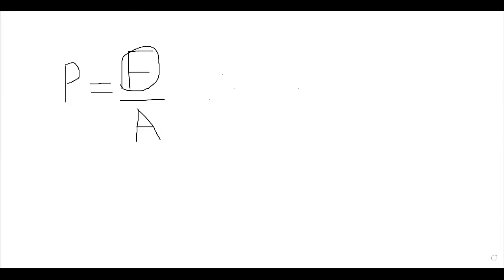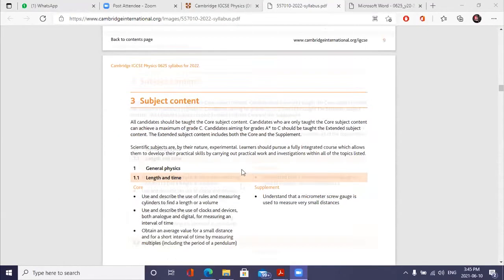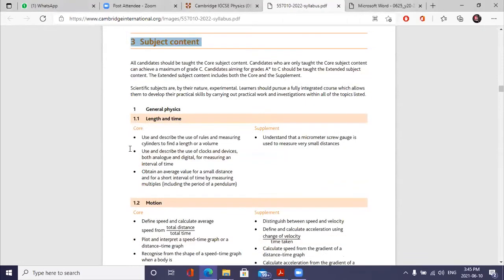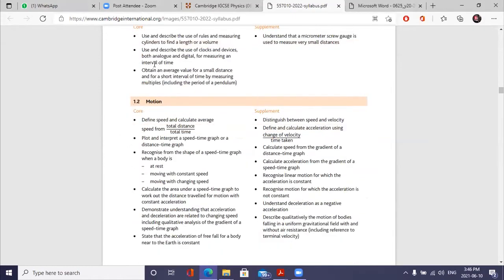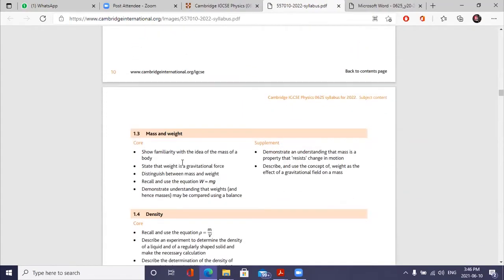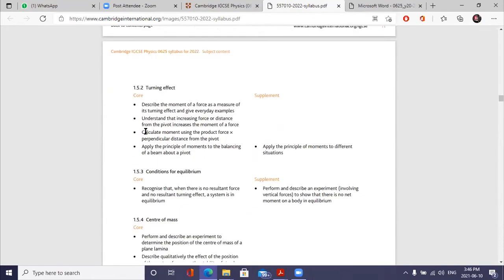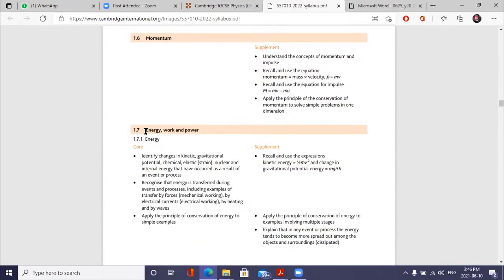Here is the syllabus. Subject content is the same for both levels. General physics, motion is core, density, forces is core. These are all core topics.